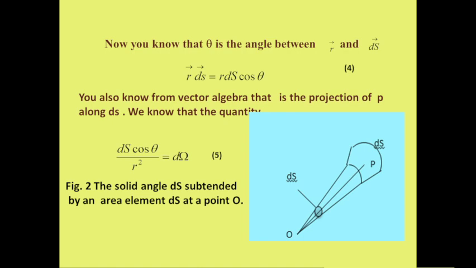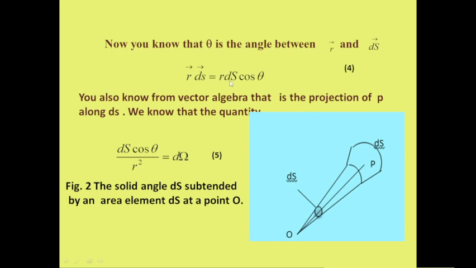Next, we have taken a small elemental area ds, which makes an angle with respect to point P. Theta is the angle between vector r and ds. Then r dot ds, the dot product, is r ds cos theta. You also know from vector algebra the projection of ds, the quantity ds cos theta divided by r square.